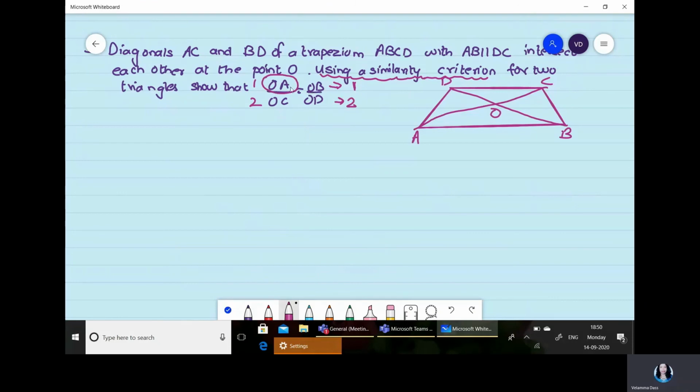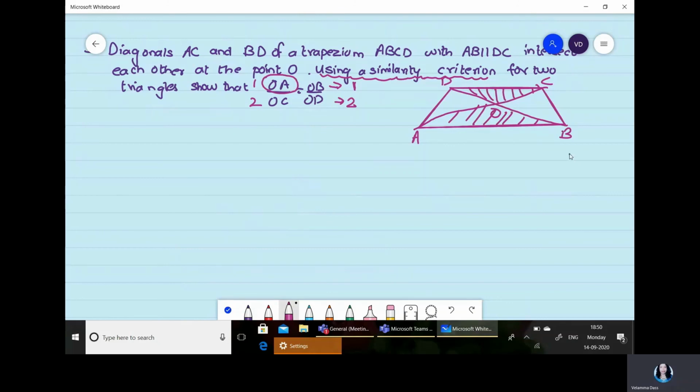So when I compare the numerators, you can very easily say which triangle we should take. Here we have to take triangle OAB, because O is the common letter, and AB. Down here it is OCD. So we need to prove that triangle OAB is similar to triangle OCD. If I take OAB similar to OCD, then the corresponding sides are these and we can prove their proportionality.